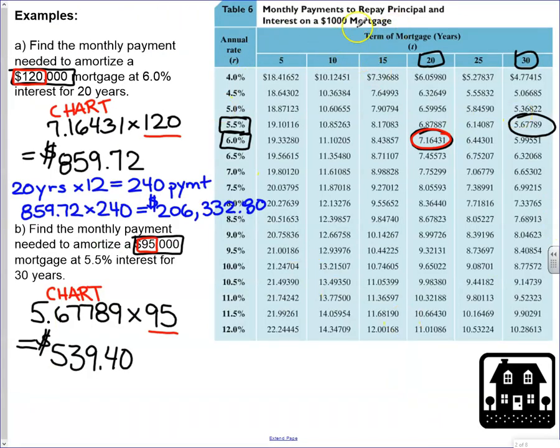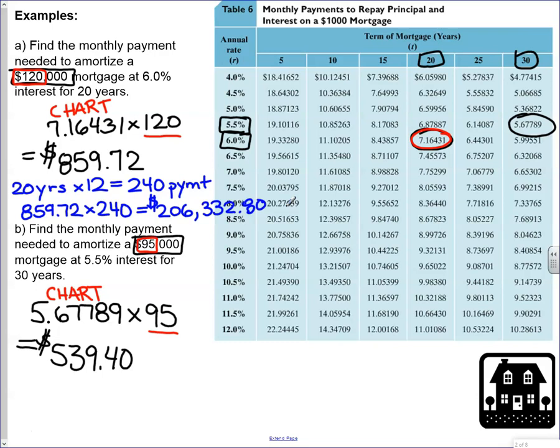This is the mortgage payment chart here. So it says monthly payments to repay principal and interest on a $1,000 mortgage. So what this chart is telling us is how much we would have to pay every month if we borrowed $1,000. Now, obviously, most mortgages are going to be more than $1,000, right? You're usually not just borrowing $1,000 for a house.